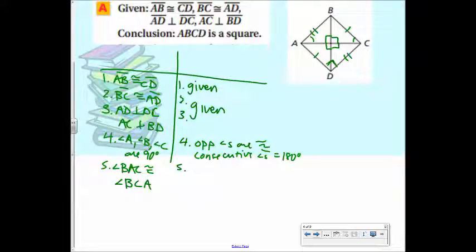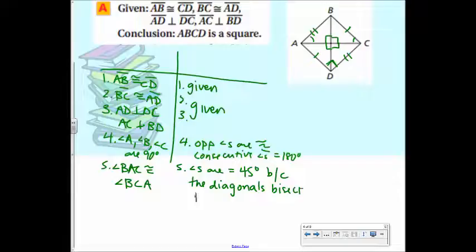If these angles are 90, what do these two have to be? 45. So they must be equal to 45. Because the diagonals do what? Bisect. All right, and if those are both 45, then it means that BA and BC have to be what?